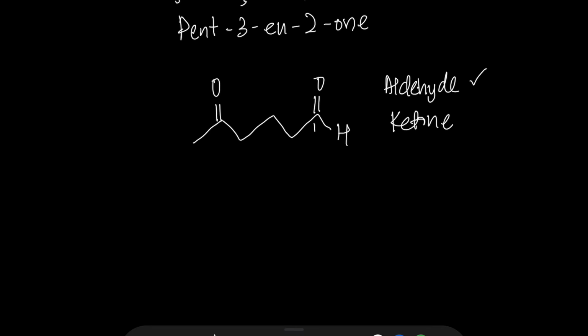So the numbering is 1, 2, 3, 4, 5, 6. We have a hexanal. At carbon number 5, we have a ketone group. So when ketone becomes a substituent, it becomes oxo. So we have 5-oxohexanal.